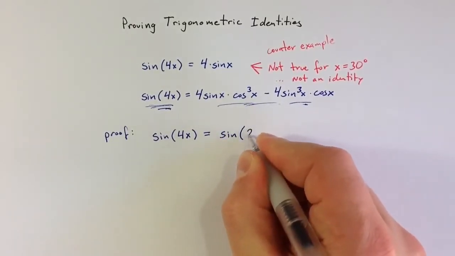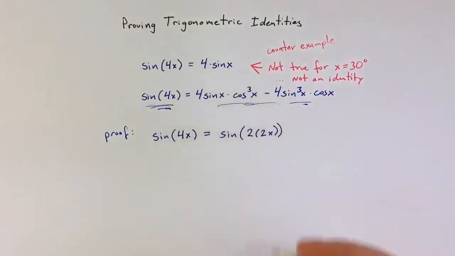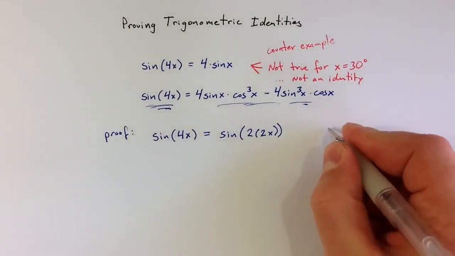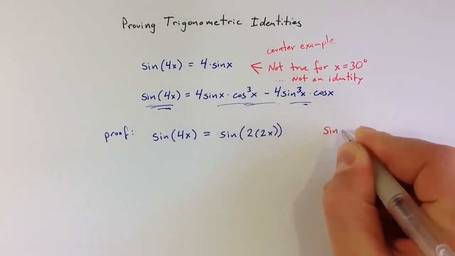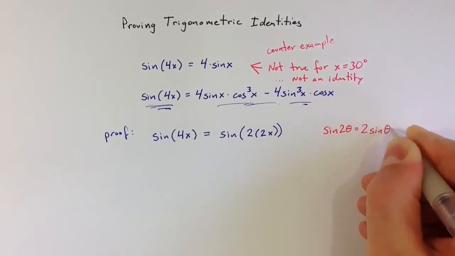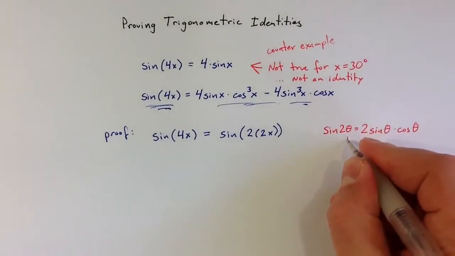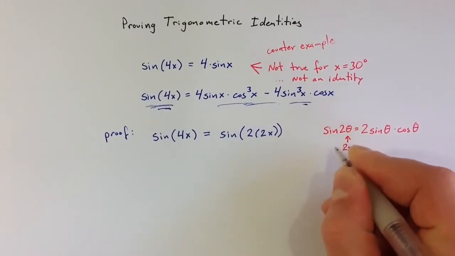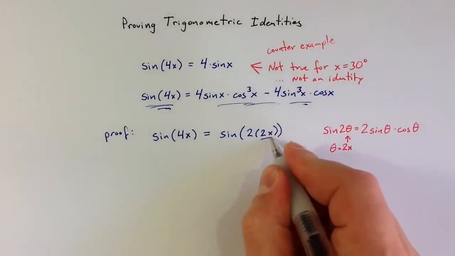One thing we could do, again, it's not the only thing that we could do, is think of that 4x as 2 times 2x. And then I could use the double angle identity, but instead of just having an x inside, I could have 2x. So I know that sine of 2 theta equals 2 times sine of theta times cosine of theta. Within this expression, I can consider that theta to be 2x, because what I have here is 2x.